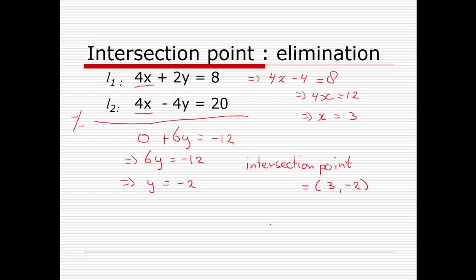If you have plenty of time in the exam, you can always check by putting it in both equations. In the first one, 4 times 3 is 12, minus 4 equals 8. Check. In the second one, 4 times 3 is 12, minus 8 is plus 8, that is 20. Check. So this is a nice way to calculate an intersection point.